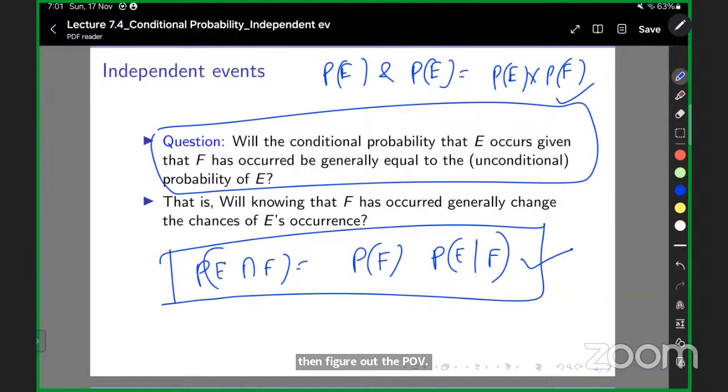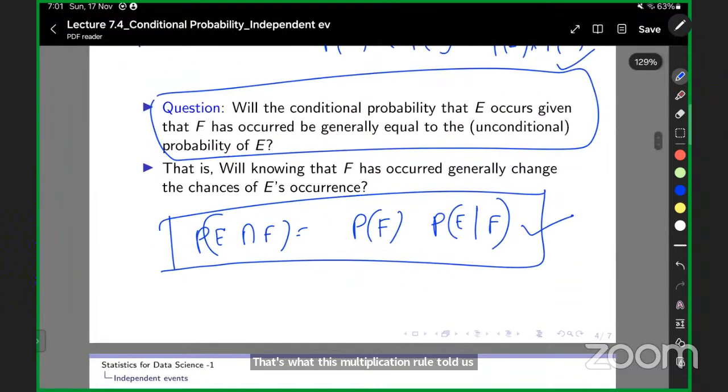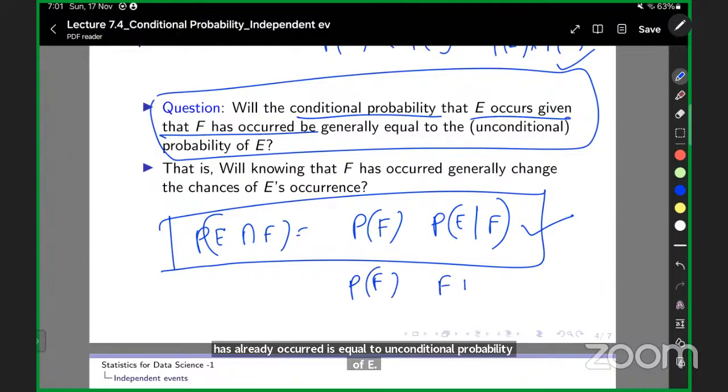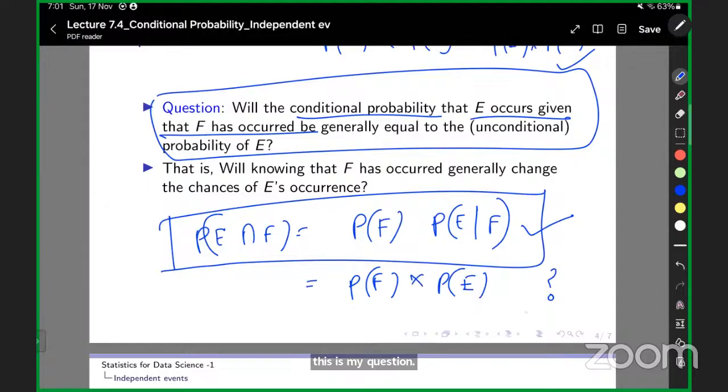So will the conditional probability that E occurs, given that F has already occurred, equal the unconditional probability of E? So is it equal to P of F into P of E? This is my question. And the answer is no, not in all the cases, but somewhere it could be true.